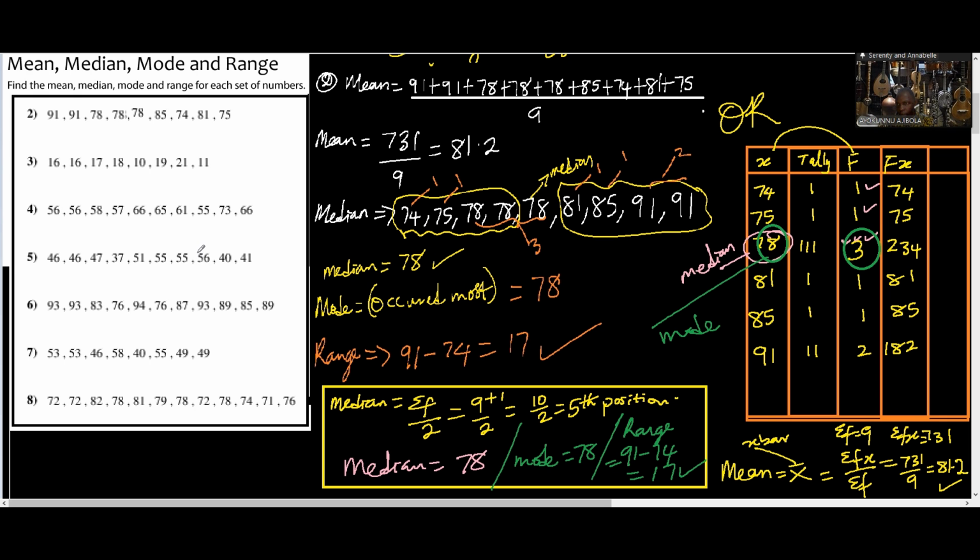So let me change this to 46 as well. So this is going to be 46. Let me remove it first and write 46 there. Okay. Wait, try and move this. Wait a minute.